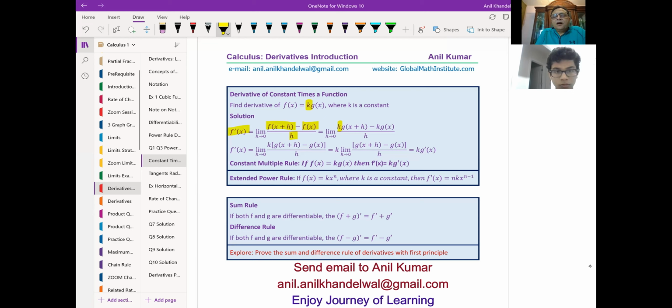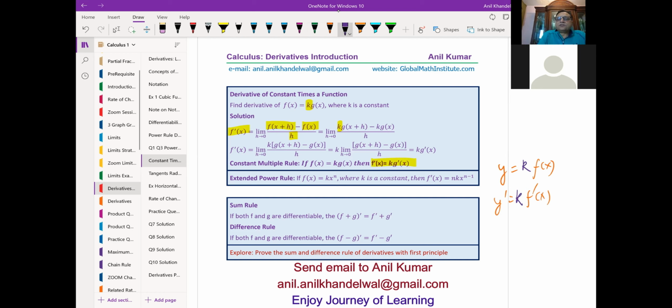So we get our rule that if y equals f of x, the derivative is f prime x, right? But if I multiply this by k, the derivative also gets multiplied by k. That is what I'm trying to say.